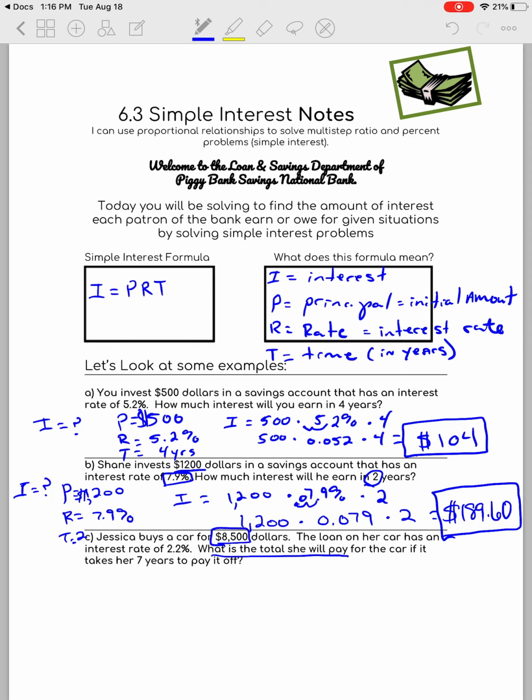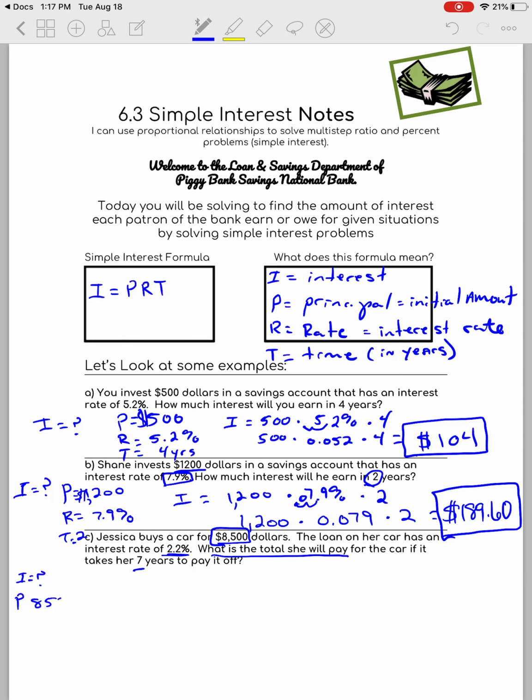She has a loan for $8,500 with interest over 7 years. That means at the very end of this question, you're going to have to take $8,500 of the initial loan for the car and add the interest to that for your final answer. But first we have to find the interest.